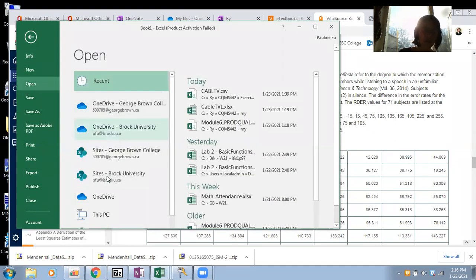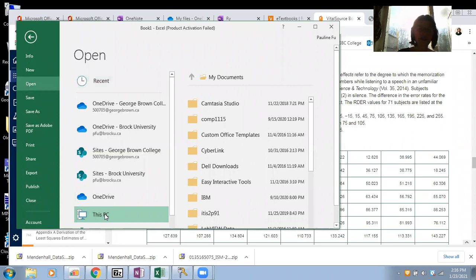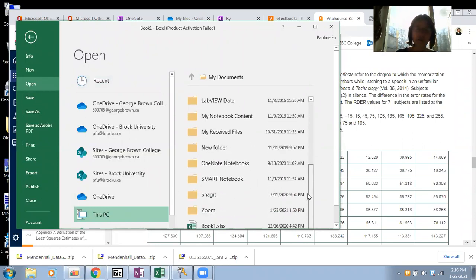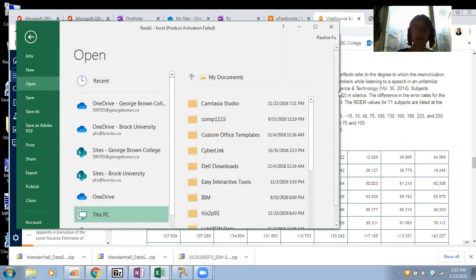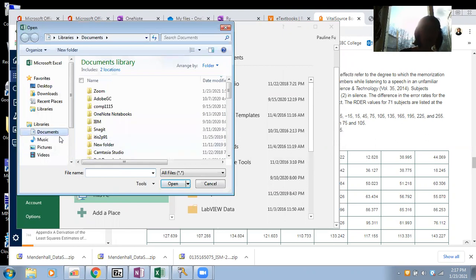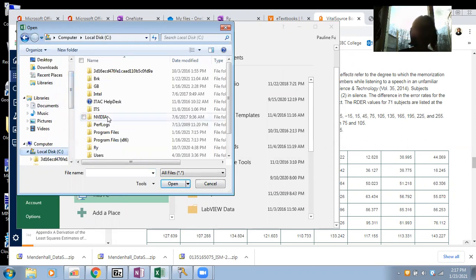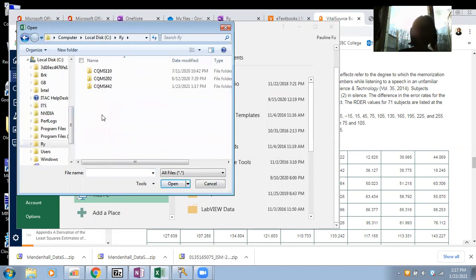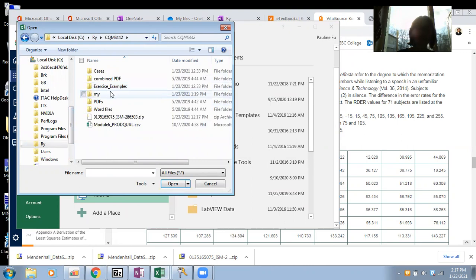I saved the data file in this computer. Let me see. This computer, then C drive, then local C. So Ryerson 042. Where is my data file? Exercise examples. All the data files, it is here.